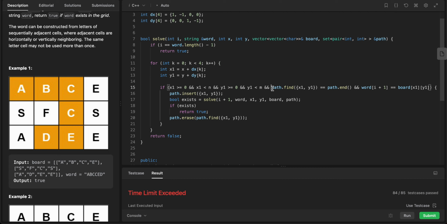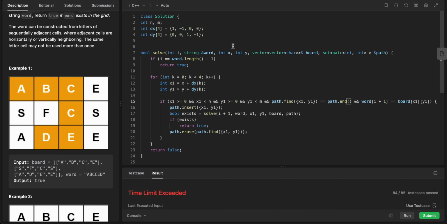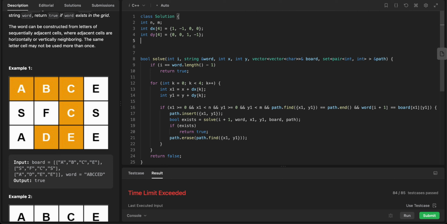Can I not take this? Okay, I think we can remove this with boolean visited array also. Okay, so let's see.